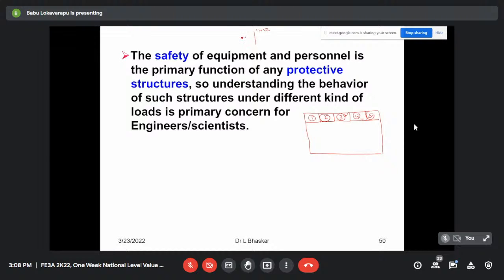Suppose there is a blast here, the effect of the blast will be measured up to here, this transition. If I know this distance, I can design this part accordingly by keeping some margin. So only this unit is going to be destroyed or affected without damaging the adjacent unit. That is what we are trying to do.